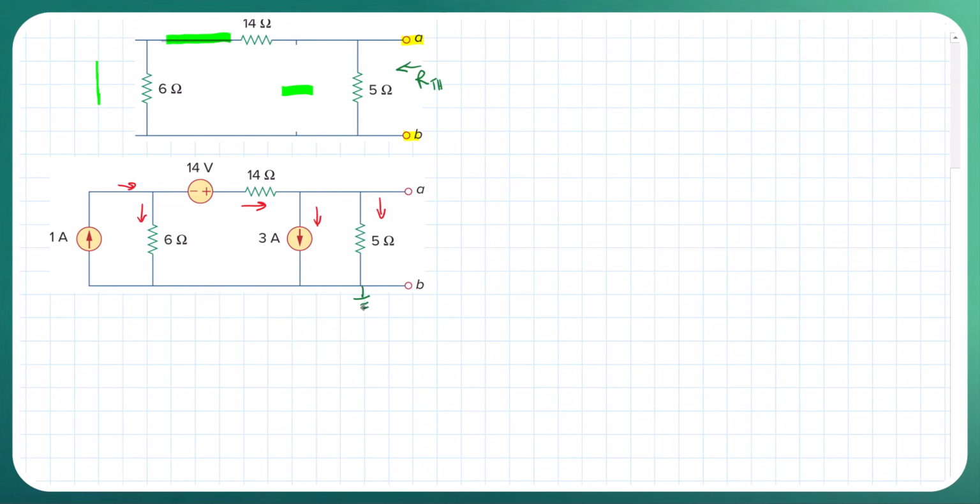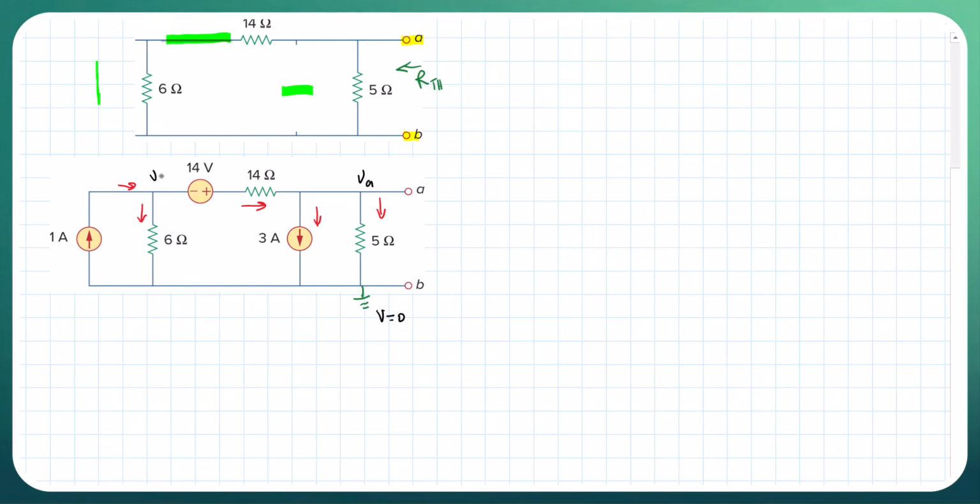The other thing I want to do is define my ground node or reference node. I'll say it's right here, and that's going to be my V, which is going to be equal to 0 here. Technically this is VB, but it's also going to be 0. This we'll call VA.